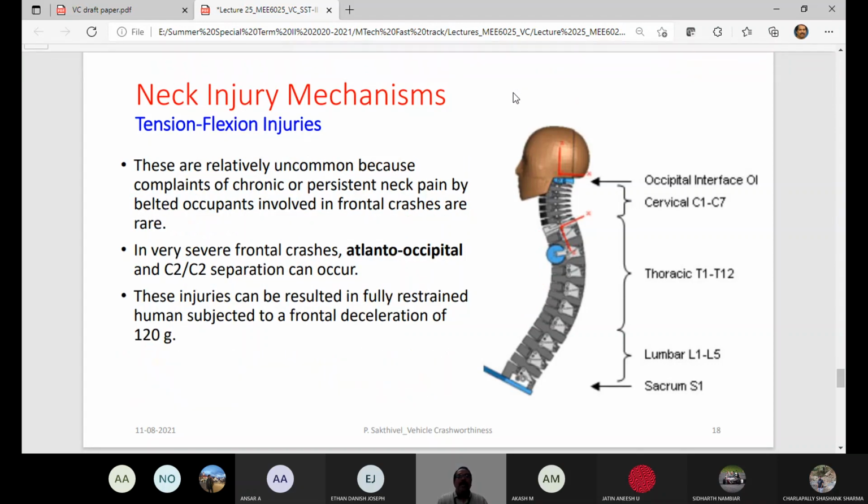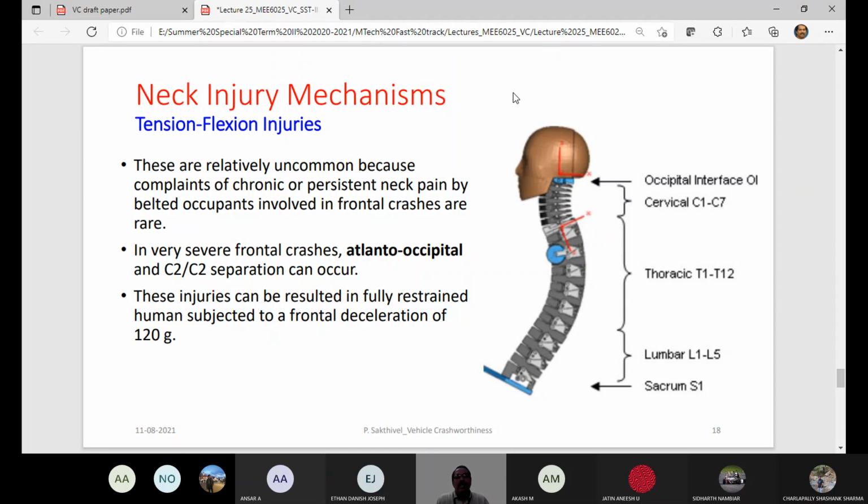So continuing with that, tension flexion injuries. These are relatively uncommon because complaints of chronic or persistent neck pain by belted occupants involved in frontal crashes are rare. In very severe frontal crashes, atlanto-occipital and C1-C2 separation can occur.